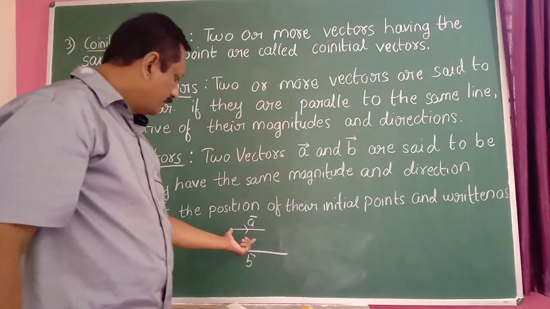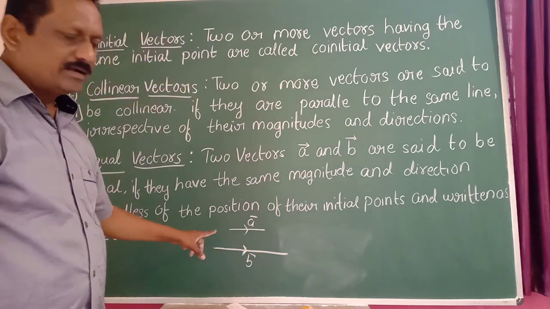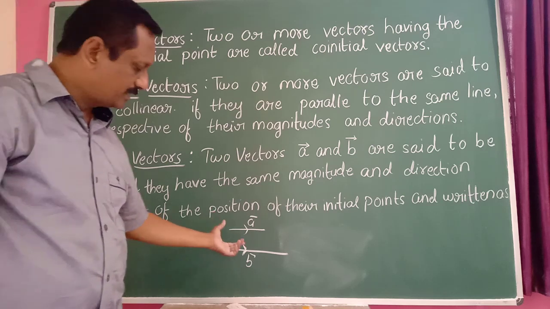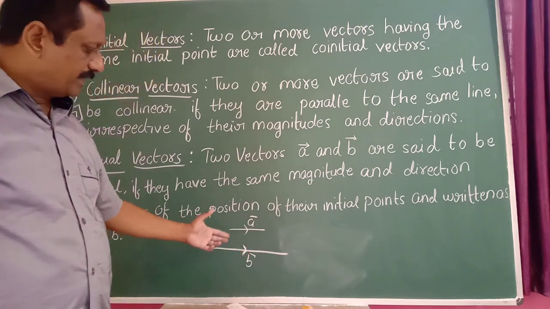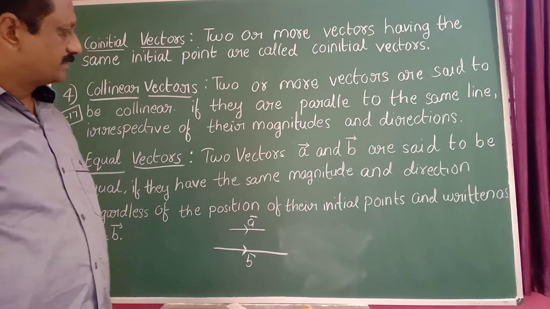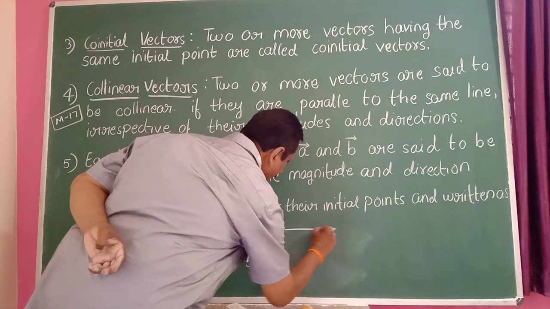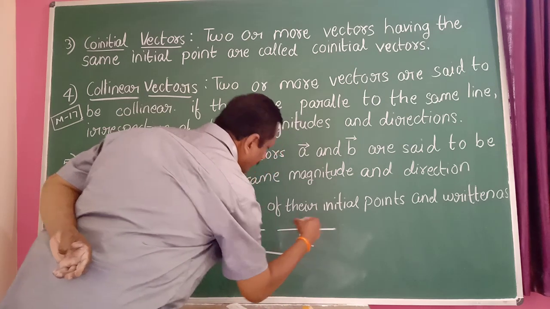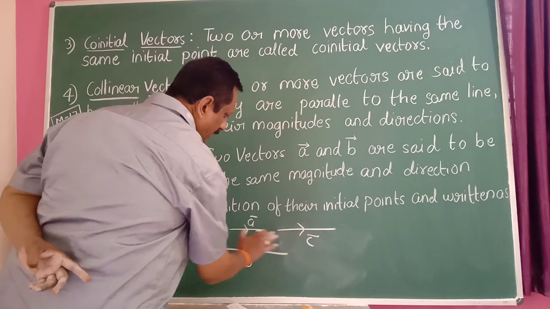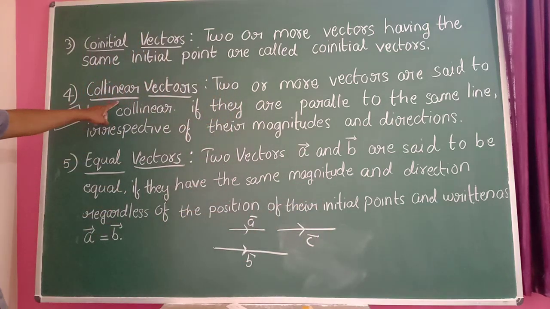Only the directions are the same, but the magnitudes are different. Magnitude means their length, but directions are the same. Even in this case, suppose C bar is one more vector. So A bar and C bar are along the same line. Even in that case, it is said to be collinear.